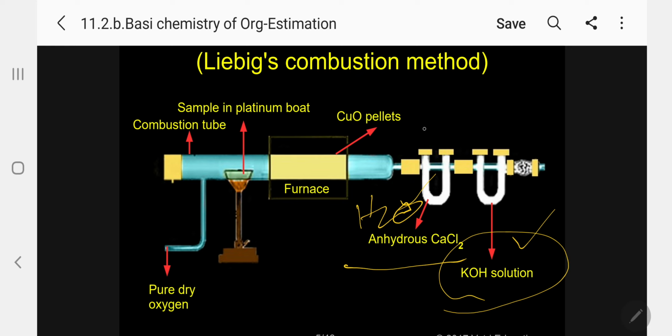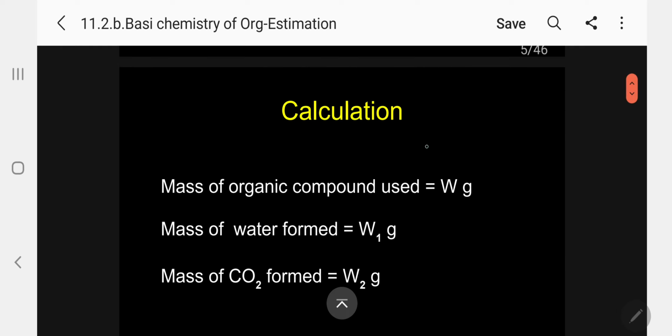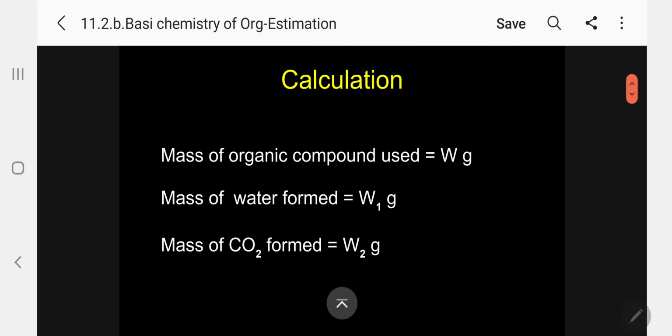There is an increase in weight of the calcium chloride U-tube and an increase in weight of the potassium hydroxide U-tube. So disconnect and weigh. The difference will give the weight of carbon dioxide formed and the weight of water formed. This is the Liebig combustion method. Kindly follow. I will come to the calculation.